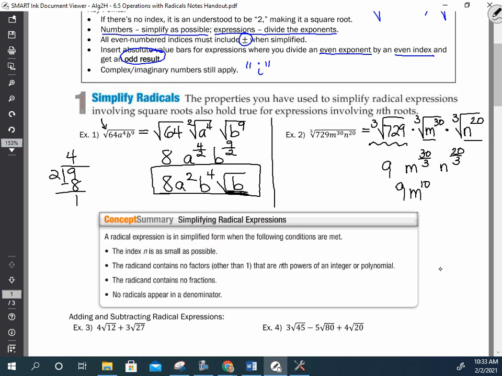For the n, 3 goes into 20 6 times, which means you would have 2 left over. That's 9 m to the 10th, n to the 6th, times the cube root of n squared. Questions, 1 or 2.